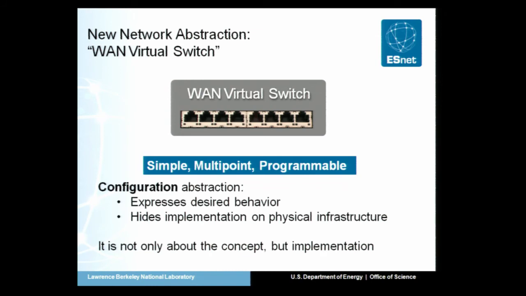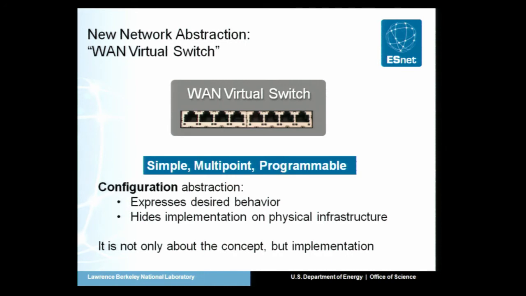Instead of taking a traditional software-defined networking approach where you are aware of the whole topology and the application programs flows hop by hop, and if you want to create a VLAN, you have to configure them and know where the VLAN translation needs to happen, this configuration abstraction expresses the desired behavior. I want to connect 3 sites together and I want them to be able to talk to each other. I want some of the flows to be multicast, some multi-point, and some point-to-point. A few flows need QoS, and that behavior is expressed through this virtual switch.